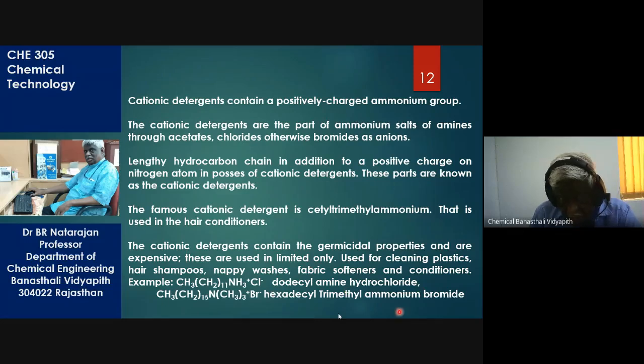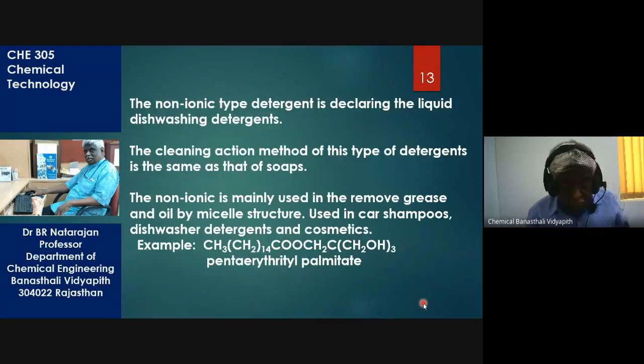Example of these cationic detergents: CH3(CH2)11NH3 plus Cl minus, dodecyl amine hydrochloride. Also CH3(CH2)15N(CH3)3 Br minus, hexadecyl trimethyl ammonium bromide. This is an example of cationic detergent.